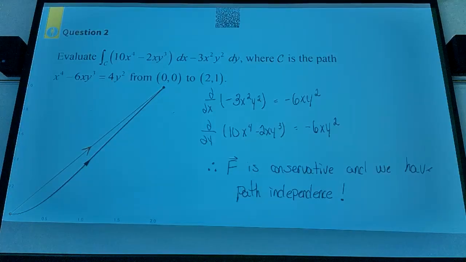I'm just going to integrate along that path instead. That's what path independence means. That's just a straight line. That is the line that connects (0, 0) to (2, 1). So what's the equation of that line?